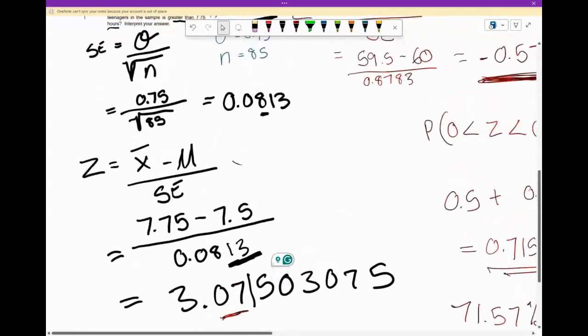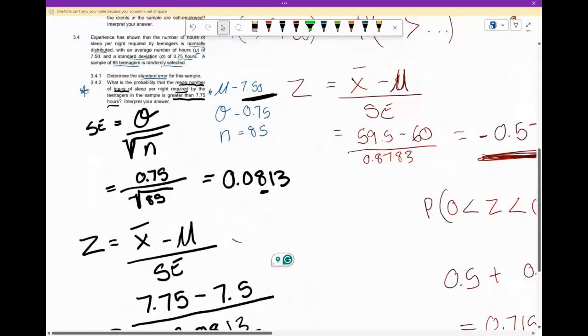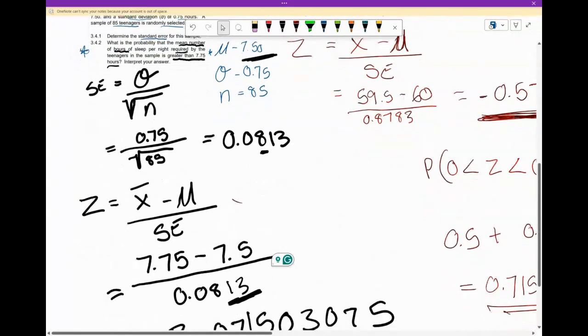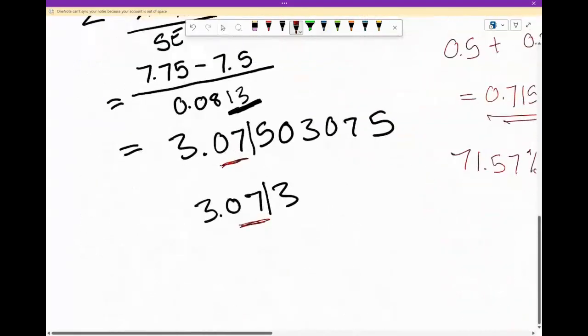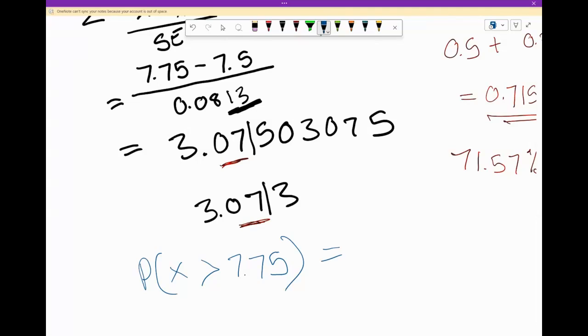So again, let's look back at the question. We now have our Z-score. It was saying the sample is greater than 7.75 hours. So we were looking for a probability. I'm going to use blue now. The probability that X was greater than 7.75. But again, we don't know what X is equal to. We know the data is normally distributed, so we want to look for the equivalent Z-score, which we have done.